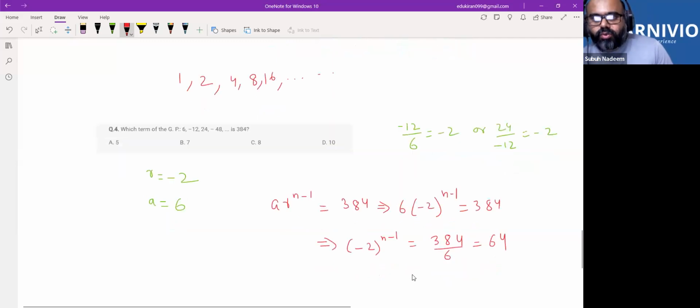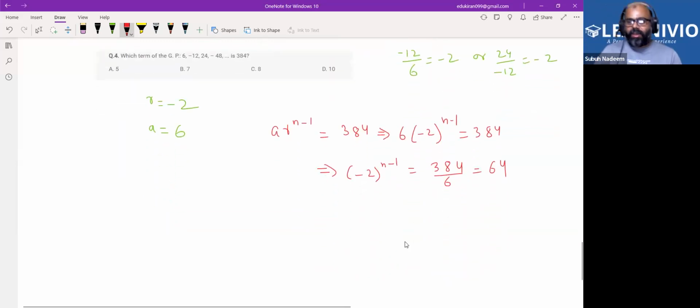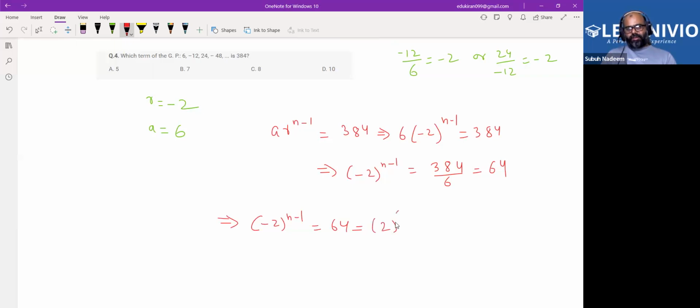So minus 2 to the power n minus 1 is equal to 64. And 64 is actually 2 to the power 6. So you can even write it as minus 2 to the power 6.